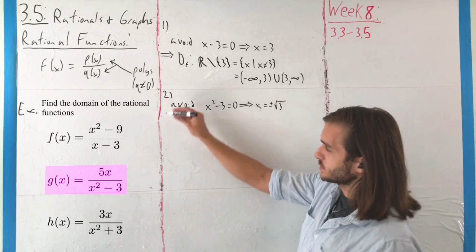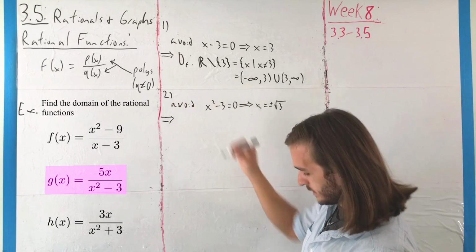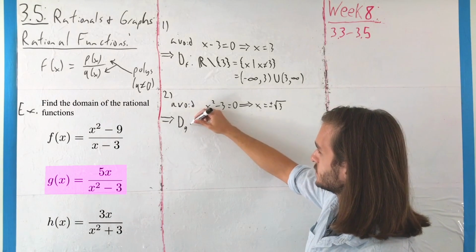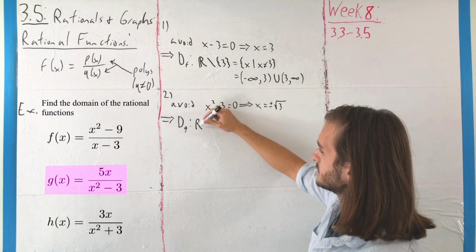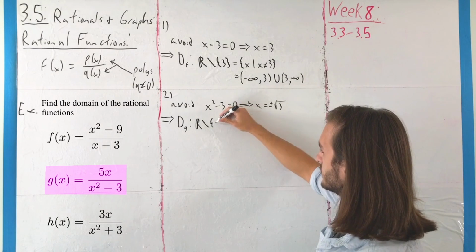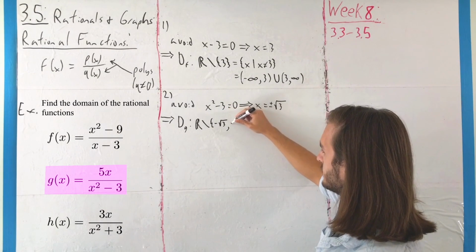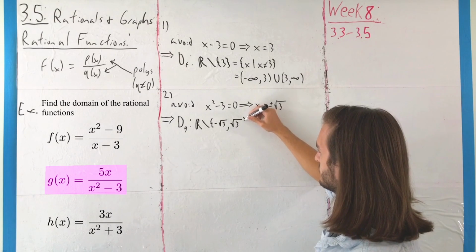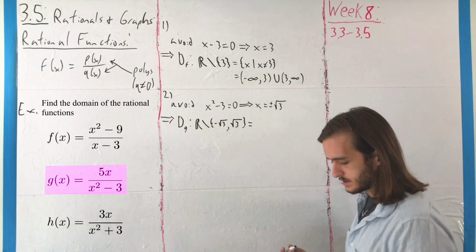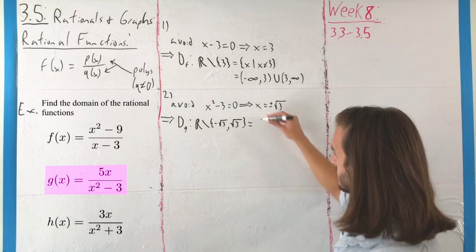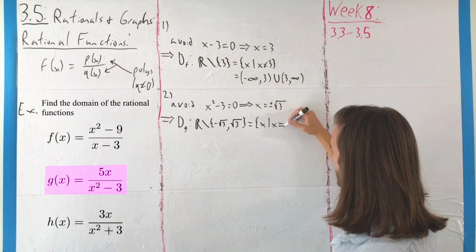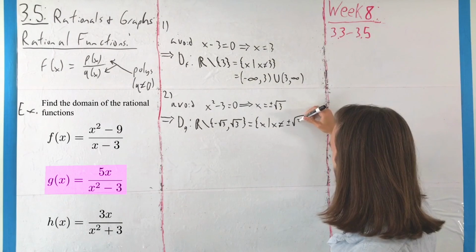Where when we have that restriction, if we then want to describe from it the domain of the function g, we can again talk about this as being something like the set of real numbers without, where here we are removing negative root 3 and positive root 3. Or in set builder notation, this would consist of the set of x values such that x is not equal to plus or minus root 3.